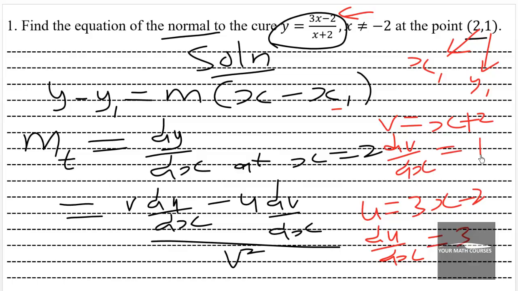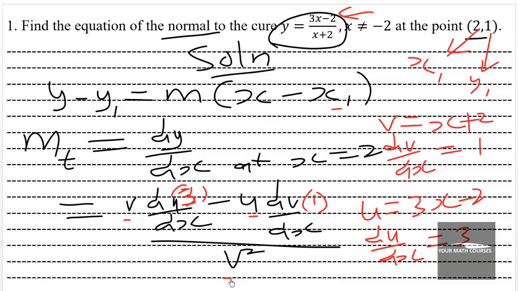So we are going to fix those values there. So dv/dx, 1, will be here. Then du/dx, 3, will be here. Then v will be here, u will be here, and v squared will be here.